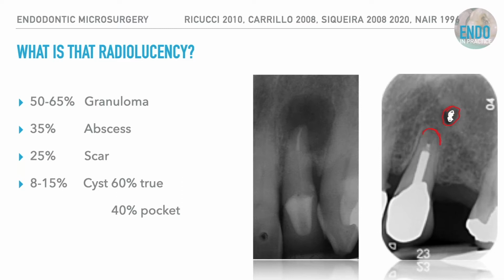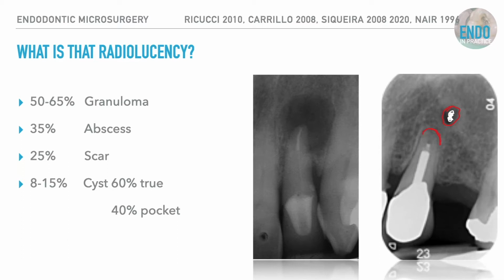Recent evidence in 2020 from the Journal of Endodontics would even suggest that a true cyst, so a cyst that technically or initially doesn't look like it has an epithelial lining attached to the root end, still will have a positive response to endodontic treatment if that tooth is judged to be necrotic or non-vital. So just because it's a cyst, there is no good evidence to suggest it will not respond to good endodontic treatment.